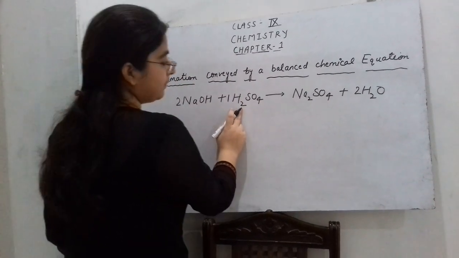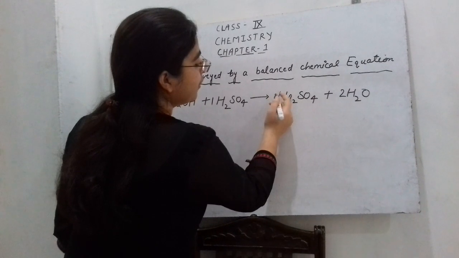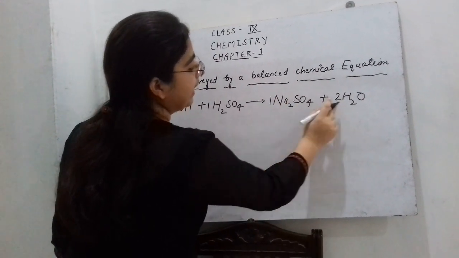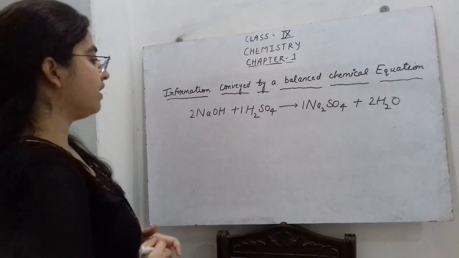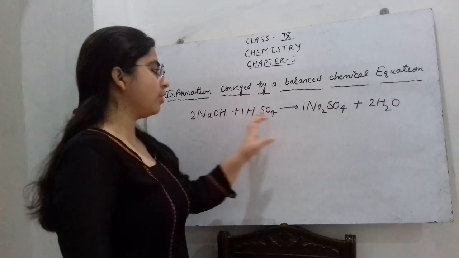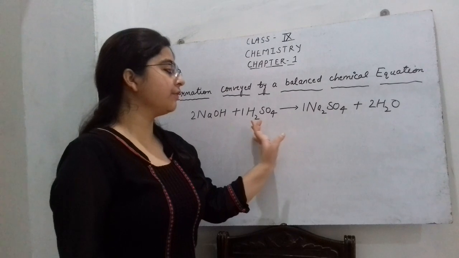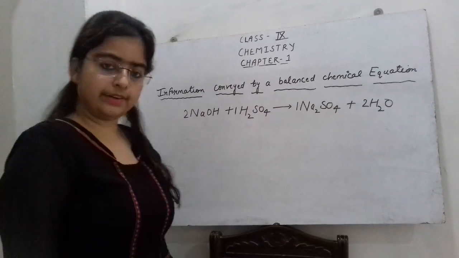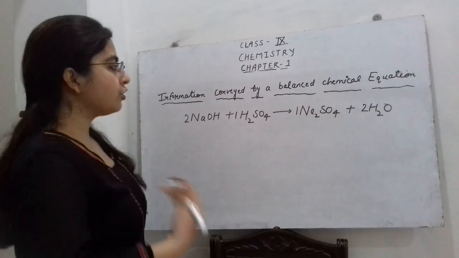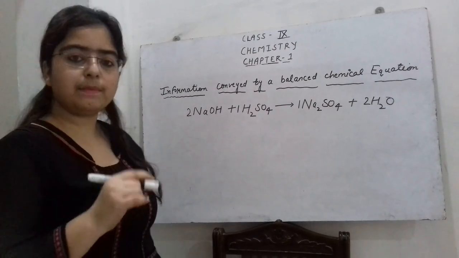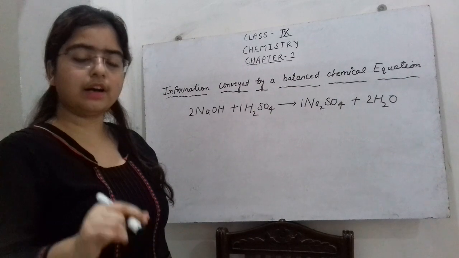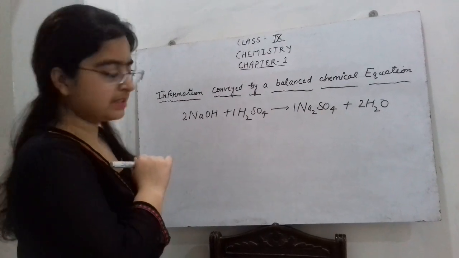So 1 molecule of sulfuric acid gives 1 molecule of sodium sulfate and 2 molecules of water. So a balanced chemical equation tells us about the number of molecules of the substances involved and formed in the reaction.